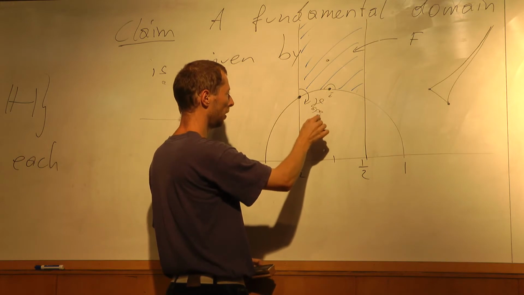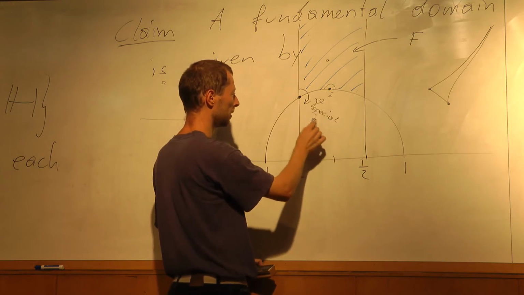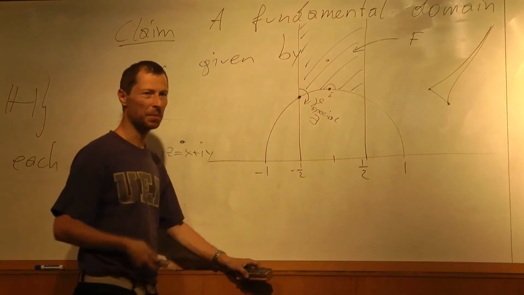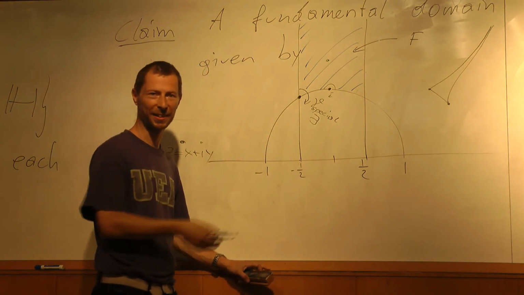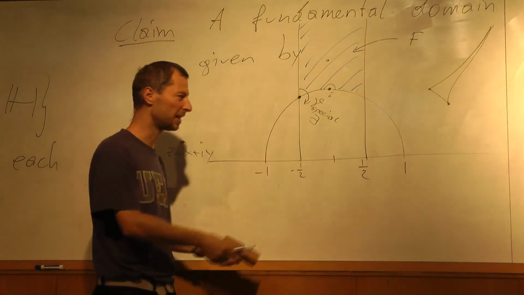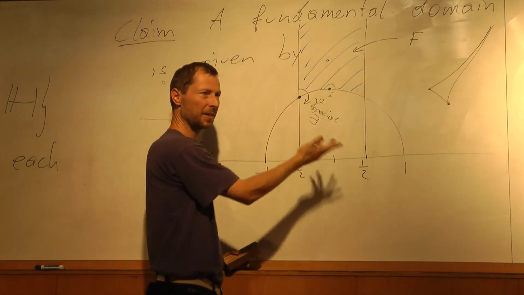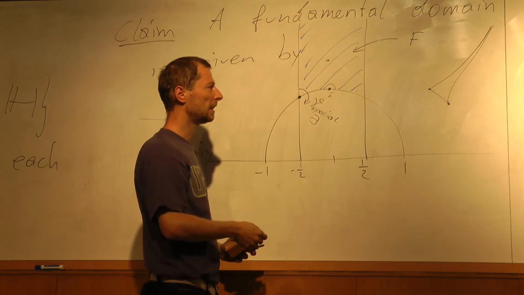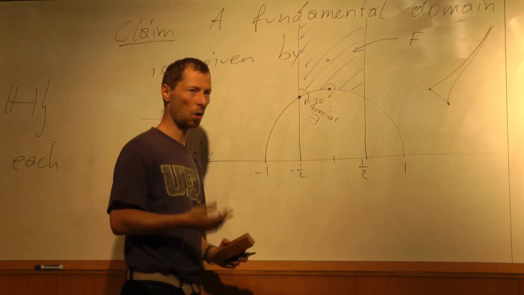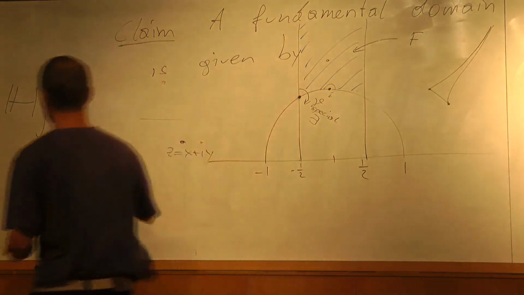Gamma special exists. I don't know it in my head. Someone can calculate it and point it out, and I'm happy to write it down, but it's not really relevant. Let's just believe that such a thing exists. And then it's actually obvious why this F is a fundamental domain.